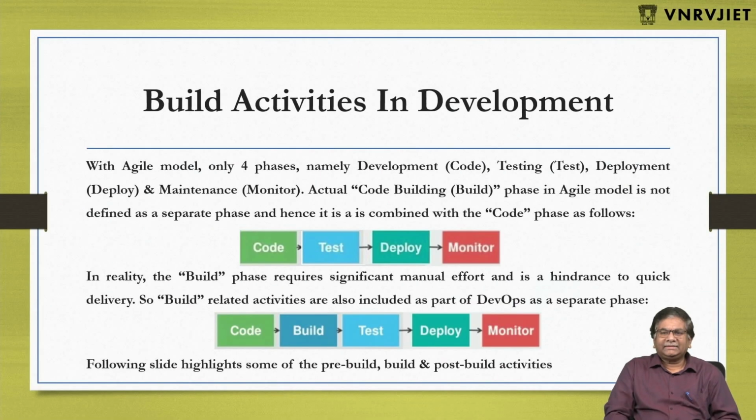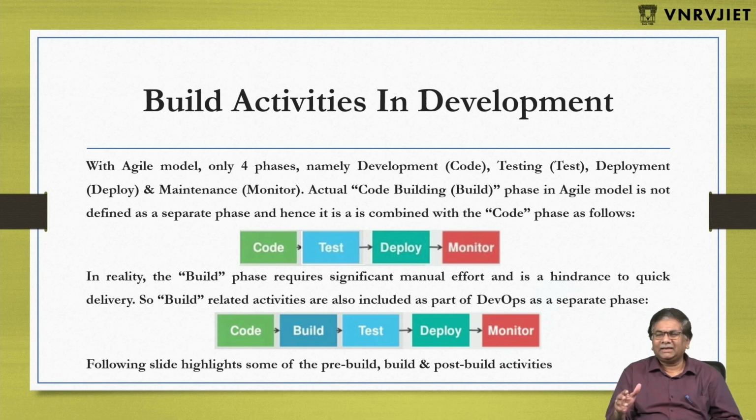Now, build activities in development. In the Agile model, we have seen there are four kinds of activities for the development team: coding, testing, deployment, and monitoring.